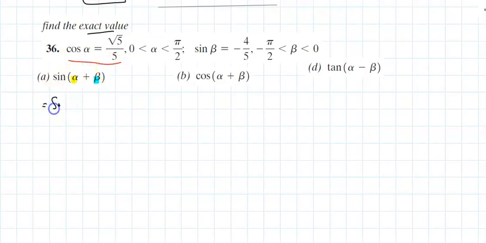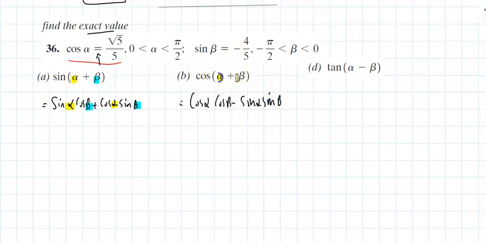According to the sum formula, this is the sine of alpha, cosine of beta, plus cosine of alpha, sine of beta. So if I really think about those in terms of alpha and beta, it seems for this problem I want the sine and the cosine. They only gave me the cosine. And here in part B, it seems I need the cosine of alpha, cosine of beta, minus sine of alpha, sine of beta.